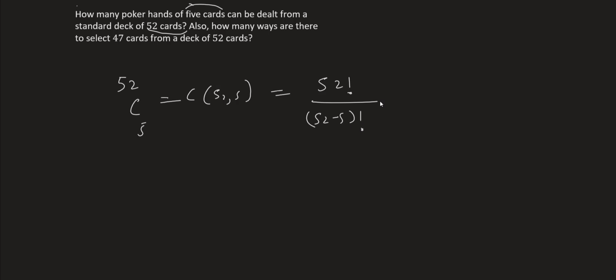So there are 5 cards and there are 52 standard cards. So we'll have 52C5, which is equal to n factorial divided by (n minus r) factorial, which in this case is (52 minus 5) factorial, and then r factorial, 5 factorial.